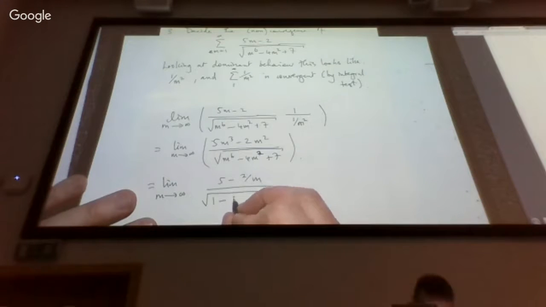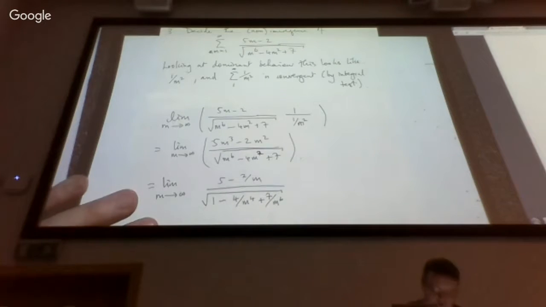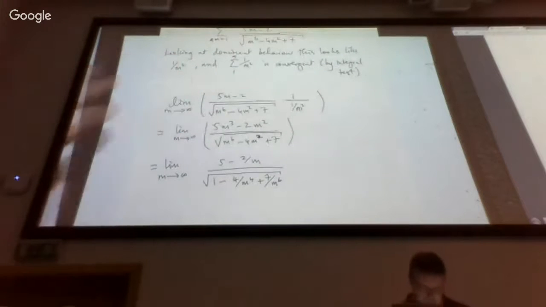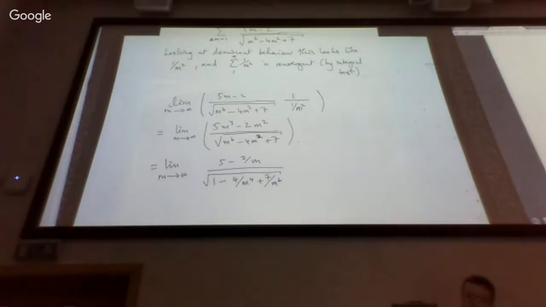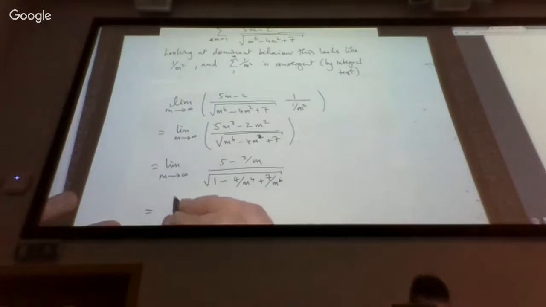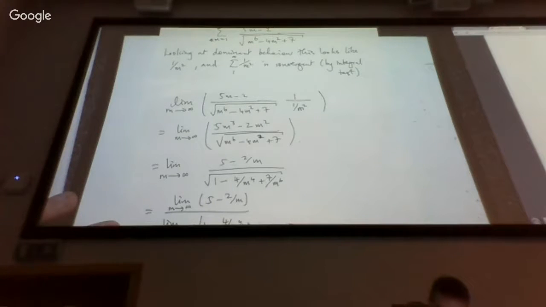So it's 1 minus 4 over m to the power 4 plus 7 over m to the power 6, I believe. And now we can say that this is equal to the quotient of the limits. So it's the limit of 5 minus 2 over m, divided by the limit as m goes to infinity of the square root of 1 minus 4 over m^4 plus 7 over m^6.